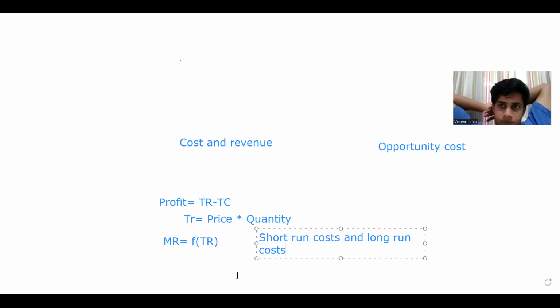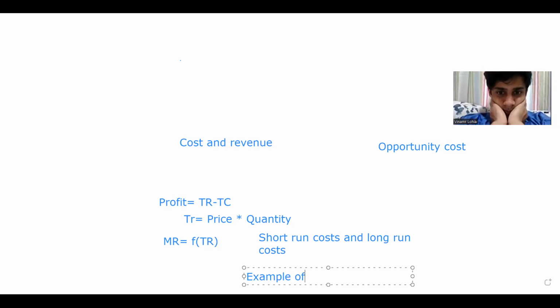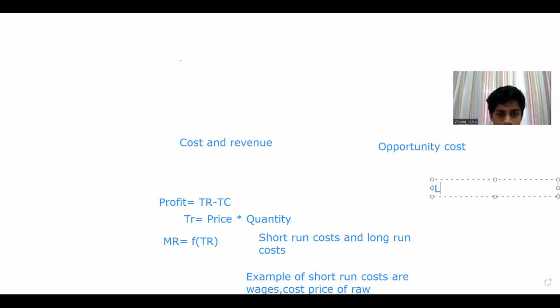Whereas long run costs are the machinery and the land.